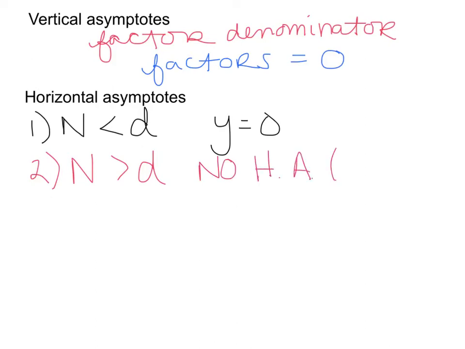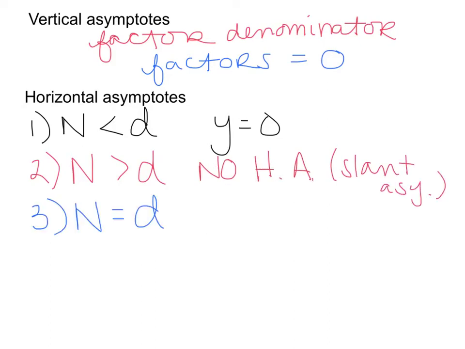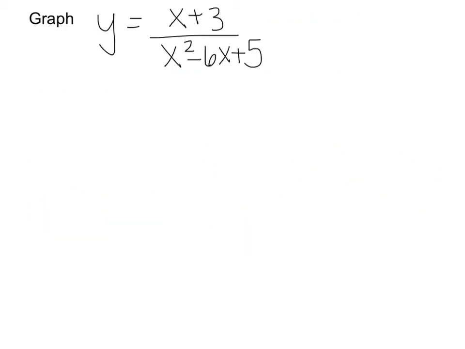It will become a slant asymptote. When the numerator's degree equals the denominator's degree, you use the leading coefficients to get a divided by b as your horizontal asymptote.